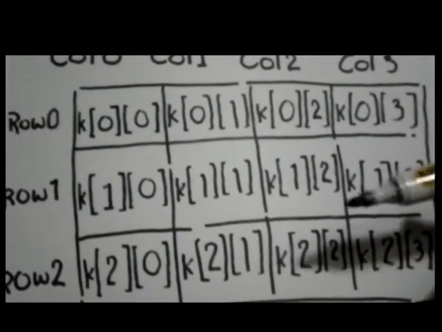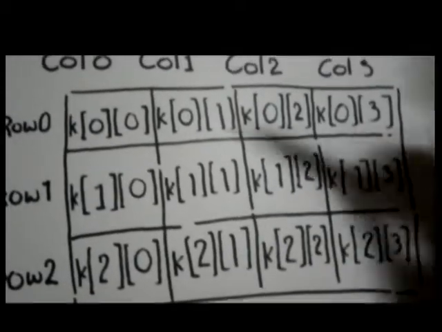As you can see in the table in here, as I said, a two-dimensional array can be thought of as a table which will have x number of rows and y number of columns. A two-dimensional array K, which contains 3 rows and 4 columns, can be shown as this.